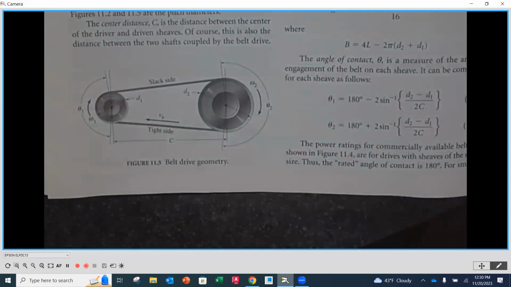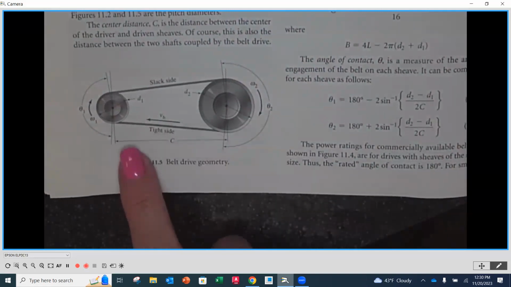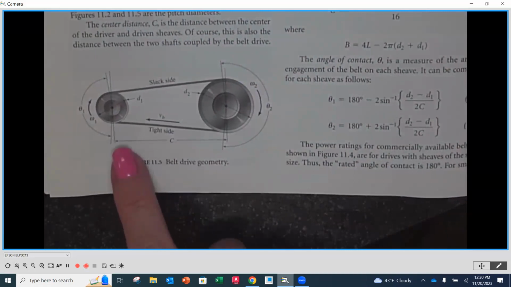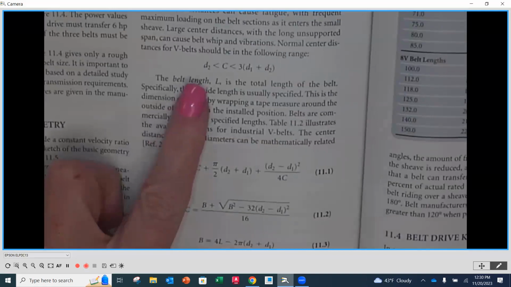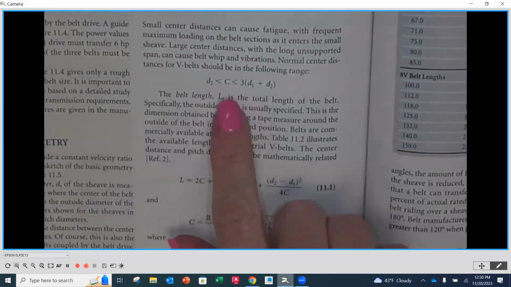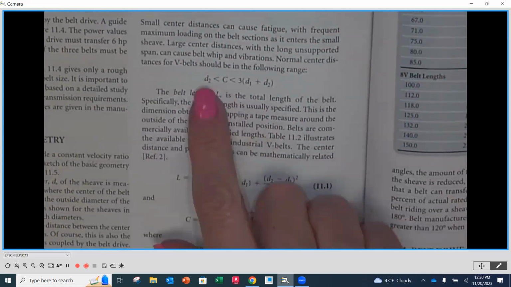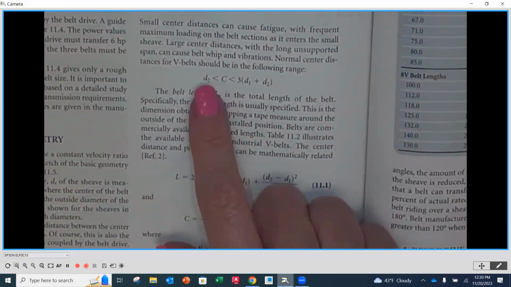So in here, they do give us a range for an optimally sized center distance. Okay, so capital C here is going to be the center distance between our driver and our driven. And to get the range that we want to go within, we are going to use this, I guess it's sort of an equation, not really an equation that we're solving for something, but we want to make sure that whatever center distance we come up with or need is going to be greater than the diameter of the driver.